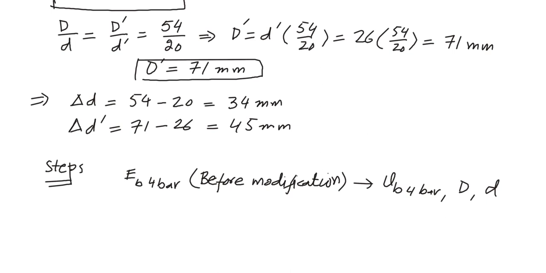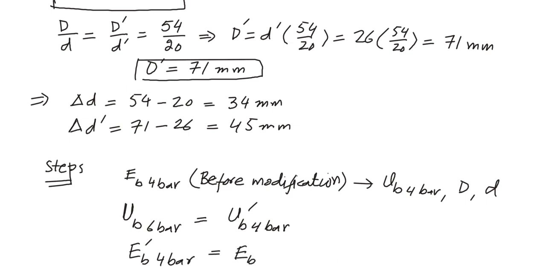Then we saw that U_B at 6 bar before the modification is equal to U_B at 4 bar after the modification. We also used the condition that E_B at 4 bar after the modification is equal to E_B at 4 bar before the modification. After the modification is represented by bar variables, and before the modification by variables without bar.